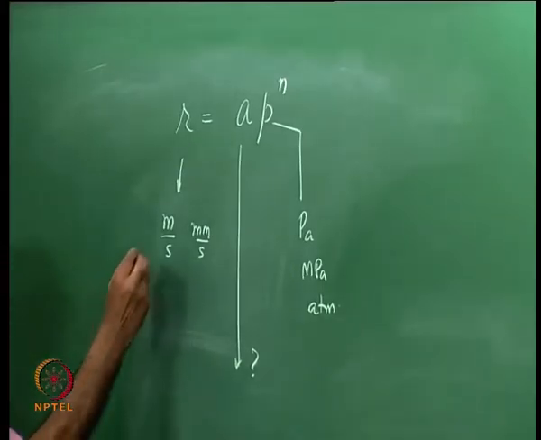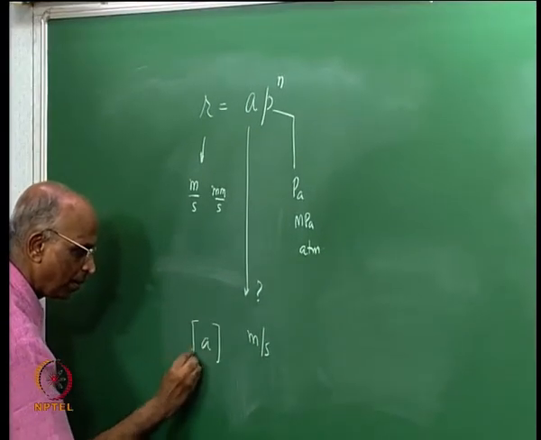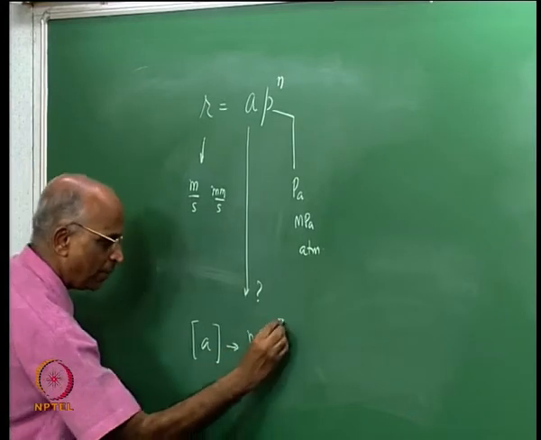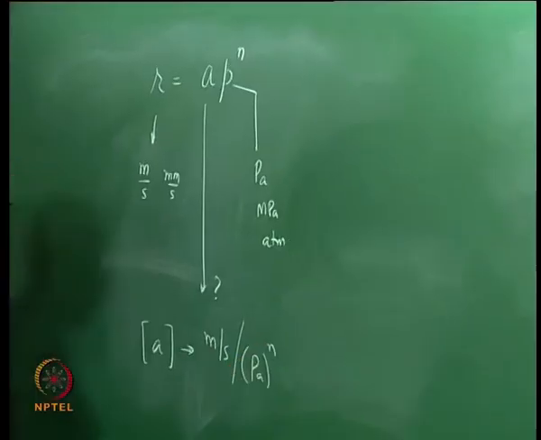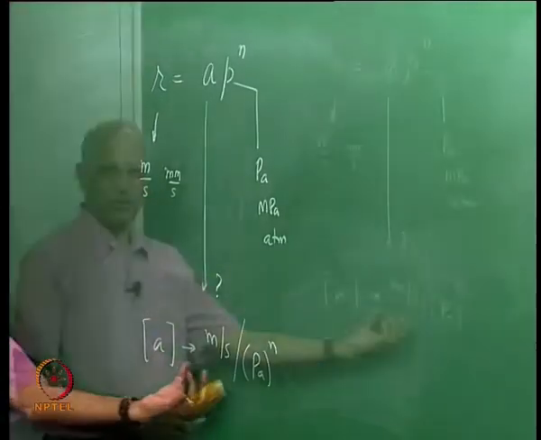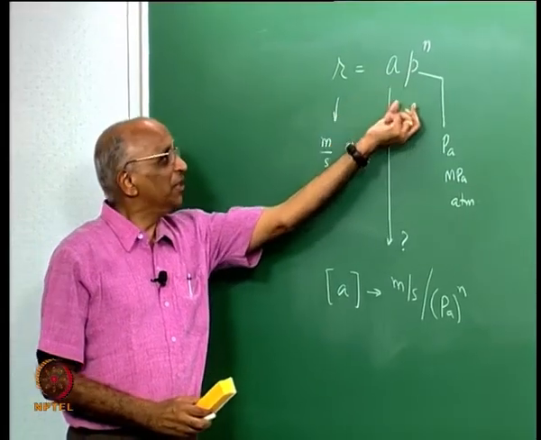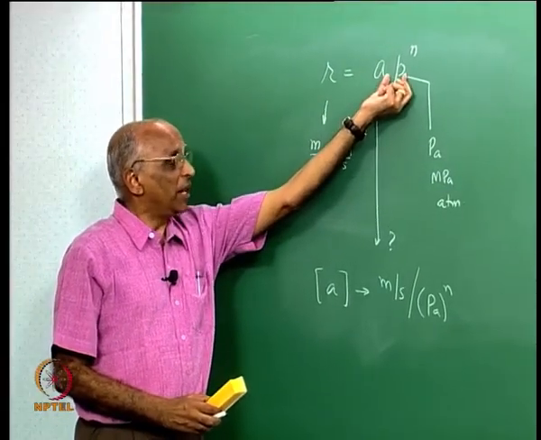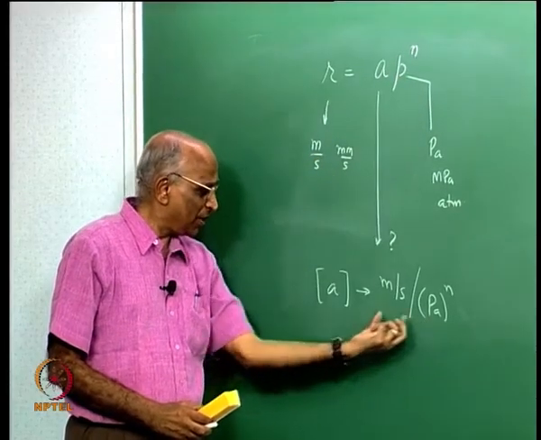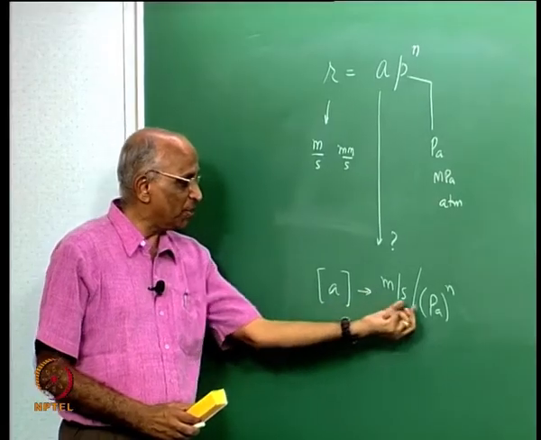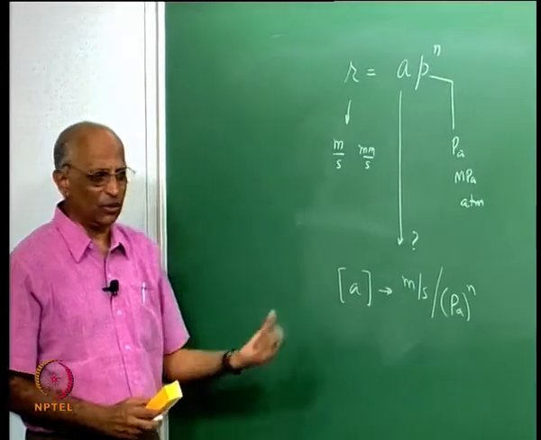It becomes meter per second divided by, let us say, Pascal, fundamental unit, to the power n. And this is not a correct way of doing things, right? You have a constant whose unit is a function of the parameters or units I use here, and I cannot say that my constant is so much meters per second to the power 0.3, 0.32 and all that. It becomes a little difficult to use.